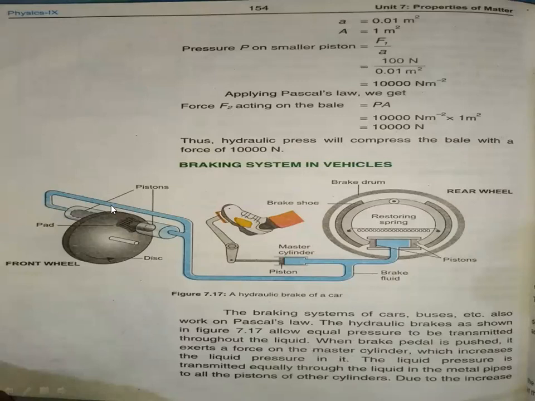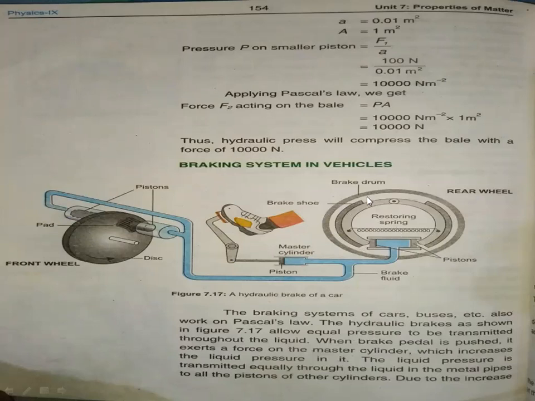It consists of this long tube where our fluid is moved. We have this front wheel, and this is the back wheel of the car. In the back wheel we have a brake drum, a piston, a restoring spring and a brake pad.